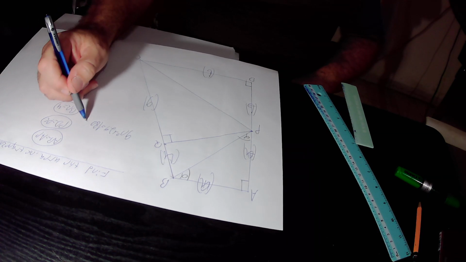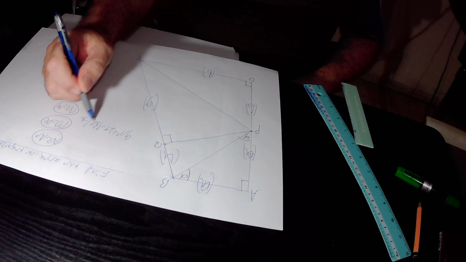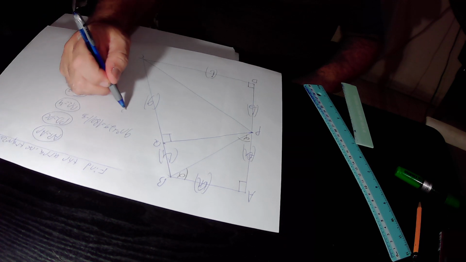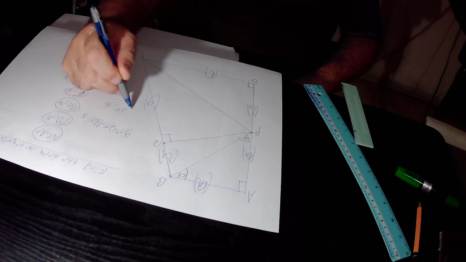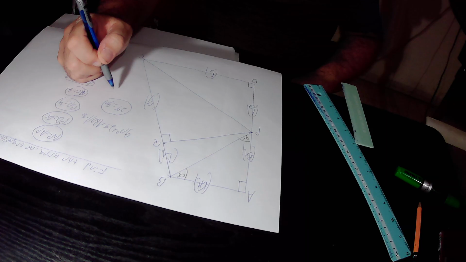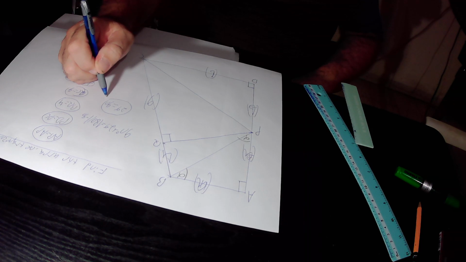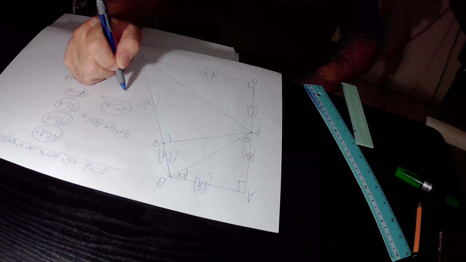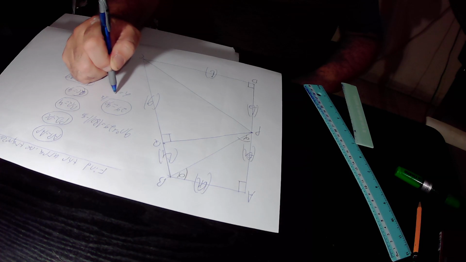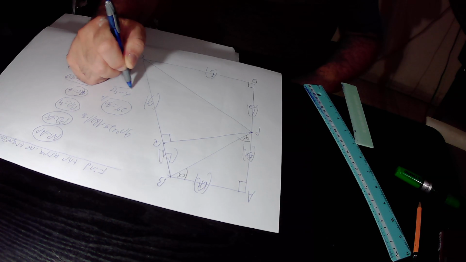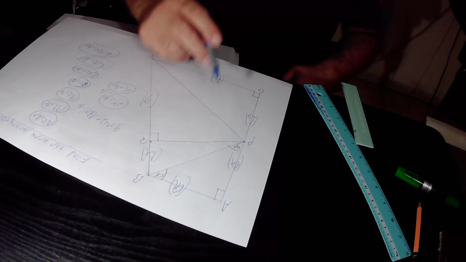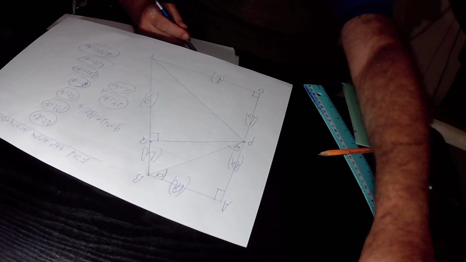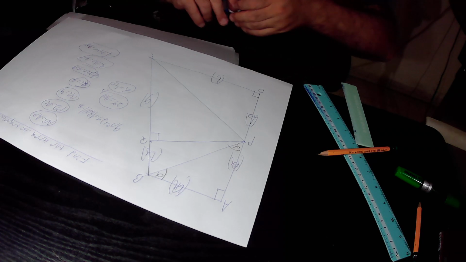Here we subtract 90 degrees from the equation, and finally we get that 2 alpha equals 180 degrees minus 90 degrees, which is 90 degrees. So 2 alpha equals 90 degrees. Here we divide this equation by 2. And finally we get that alpha equals 90 degrees over 2, that is 45 degrees. So this is angle alpha. It is equal to 45 degrees in its size.